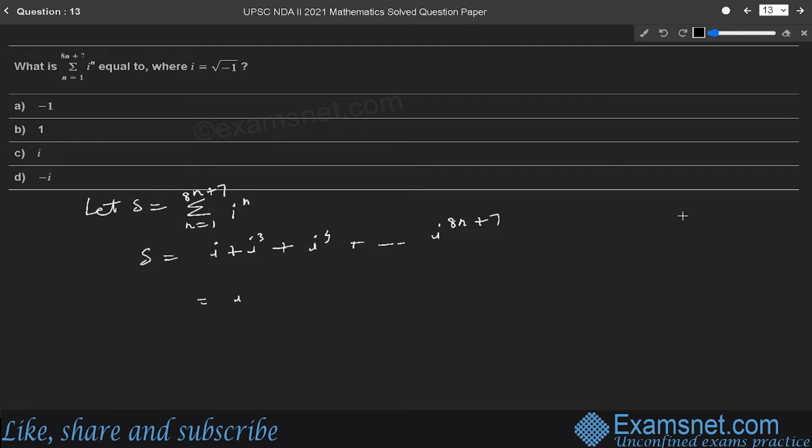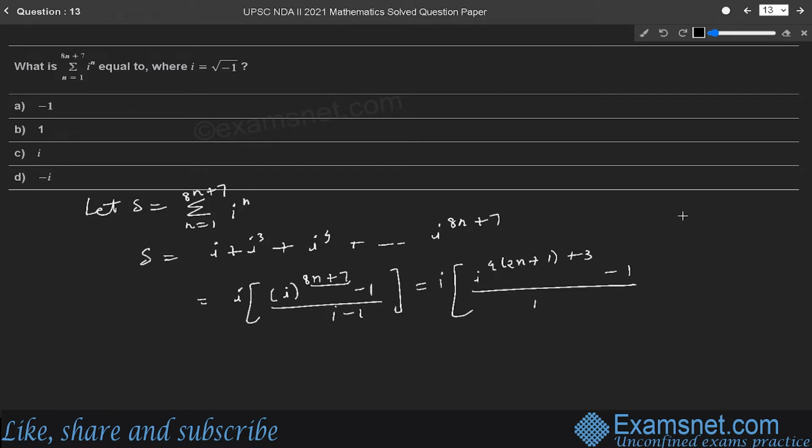So it can be written as I into (I to the power 8n plus 7 minus 1) upon (I minus 1), which will be equal to I into (I to the power 4 into (2n plus 1) plus 3. We have split this power, minus 1) upon (I minus 1).